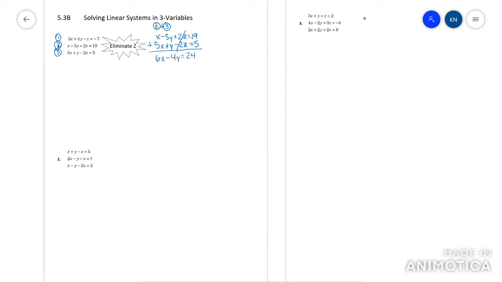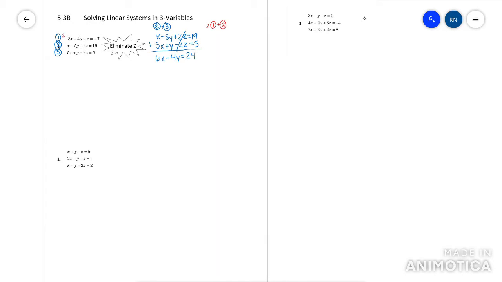Now I have to eliminate z again. So when I'm looking at this, I'm looking at this right here. And if this said minus 2z, then it would work. So I'm going to times equation 1 by 2 so that it will say minus 2z. Then I'm going to add it to equation 2. So it's going to look like this.